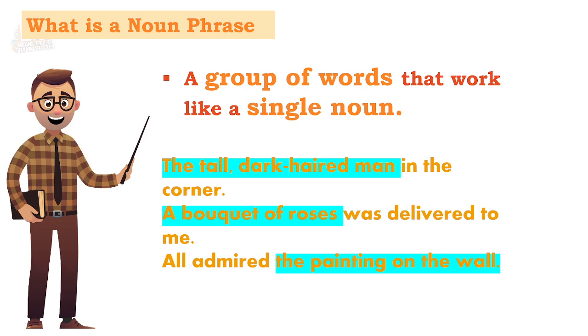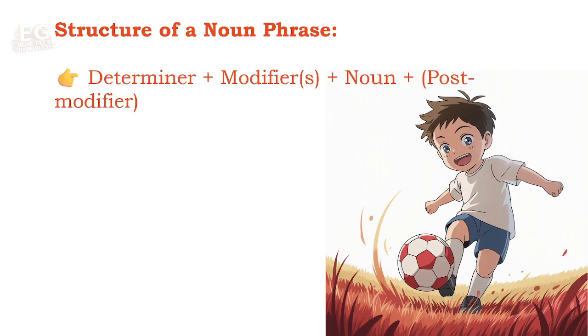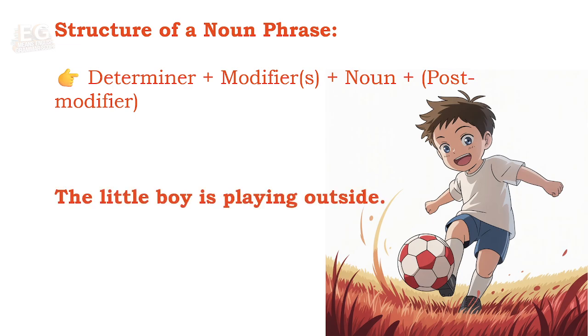Now, how do we identify a noun phrase in a sentence? What are the characteristics of a noun phrase? Let us see the structure first, how a noun phrase appears in a sentence. Usually there will be the determiner, and then the modifier. After that, there will be the noun, and lastly, the post modifier. If we keep this structure in a sentence, it will be like: The little boy is playing outside.